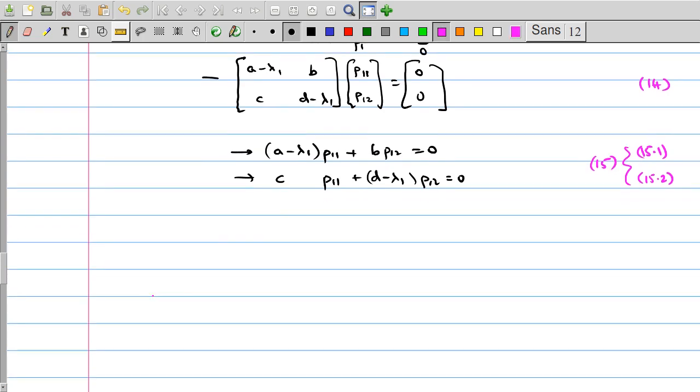Okay, so solve. Use 15.1 to write, which one is going to be easier? Let's see, to write P12 in terms of P11. All right, let's just say we do that.